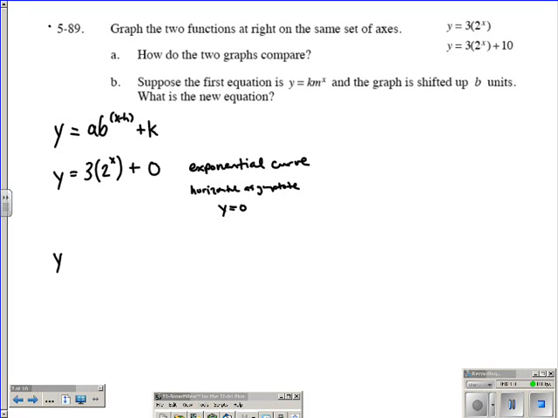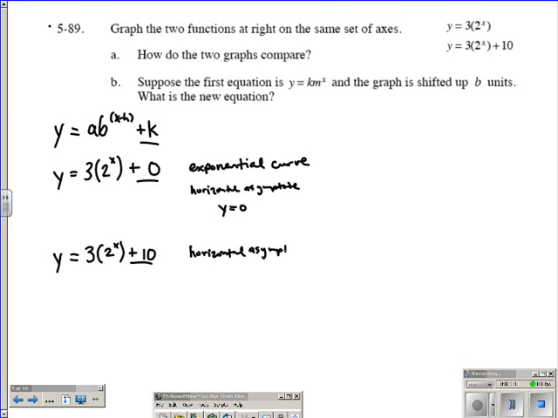Now, the second one, we've got y equals 3 times 2 to the power of x plus 10. If we increase this value of k, plus 10, remember that translates our exponential curve up 10 units.